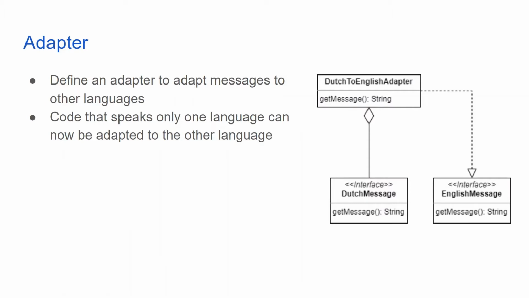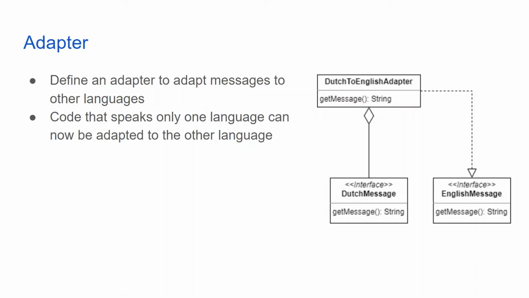All right, so here you can see the UML diagram for our situation. We have an English message and a Dutch message. That's simply a message in Dutch and a message in English. And part of our code only understands messages in English and not in Dutch. So what do we do? Well, we define an adapter. As you can see, we have a Dutch to English adapter, which basically converts Dutch messages to English messages.